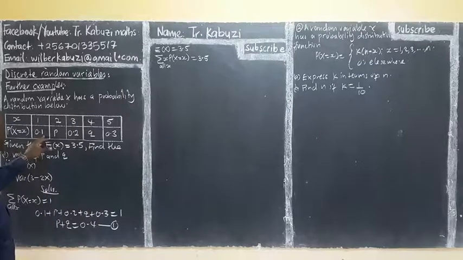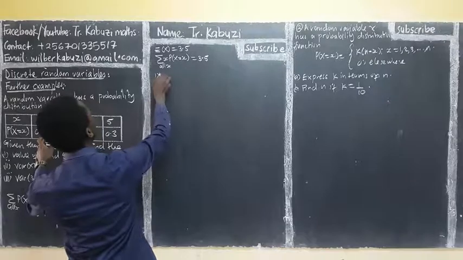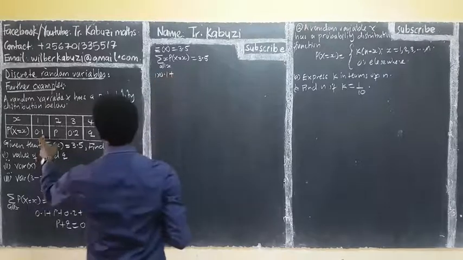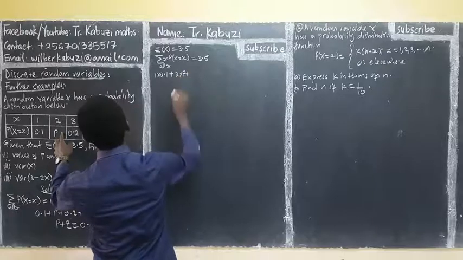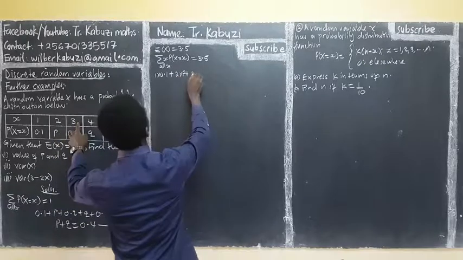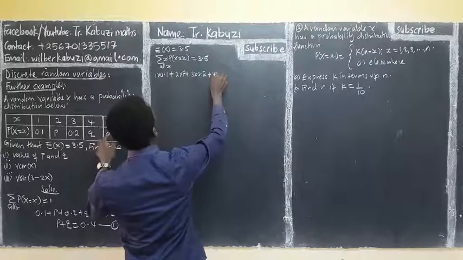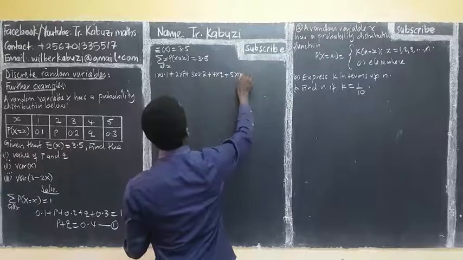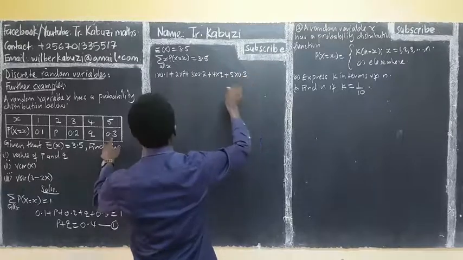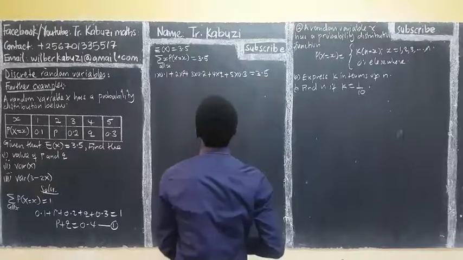So x times this probability: I get 1 times 0.1, then I sum 2 times p, then 3 times 0.2, then 4 times q plus 5 times 0.3. Now this whole thing is equal to 3.5.